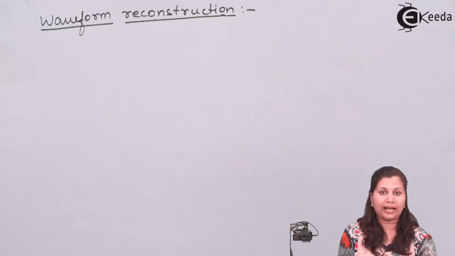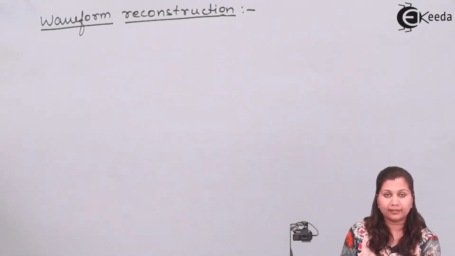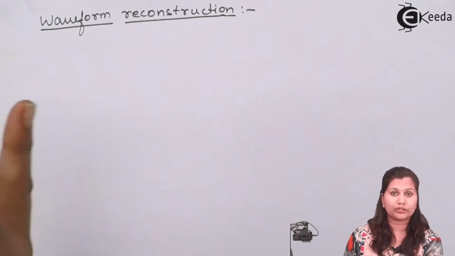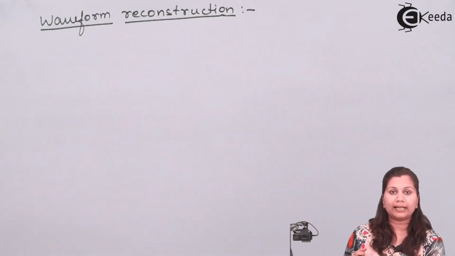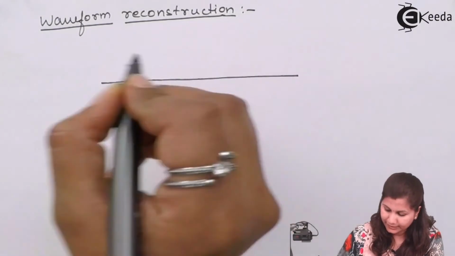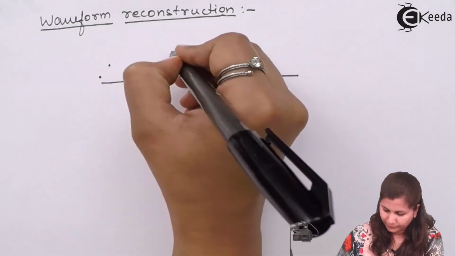Even if we make the sampling rate equal to twice the highest frequency, aliasing can occur in the signal, like if the output is present in the form of dots. Let's see how. Suppose this is our signal which is present in the form of dots.